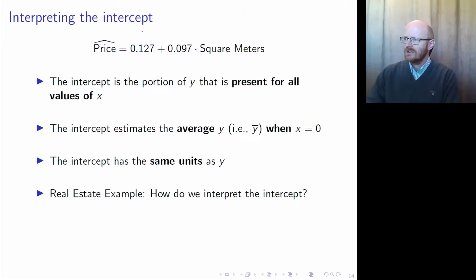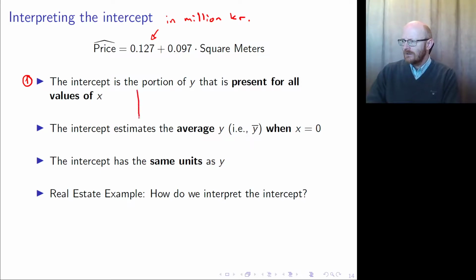So, what can we say about the intercept? We can look at this and, just from the denomination of the intercept, it's in million kroners, right? And there are two ways you can interpret the intercept. One is to say that the intercept is the portion of y that is present for all values of x, okay?